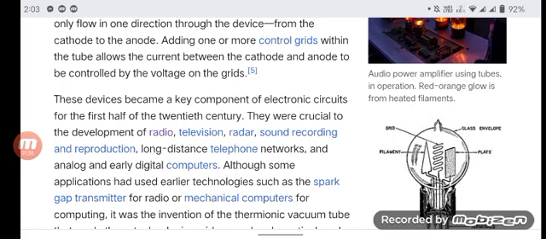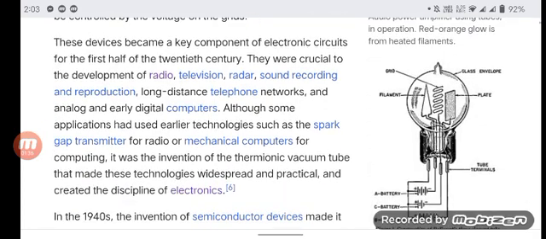These devices became a key component of electronic circuits for the first half of the 20th century. They were crucial to the development of radio, television, radar, sound recording and reproduction, long-distance telephone networks, and analog and early digital computers.